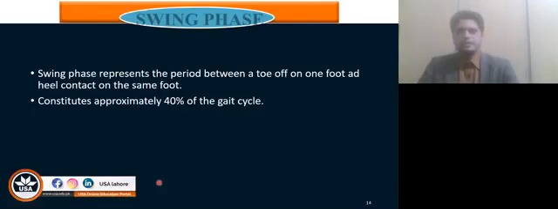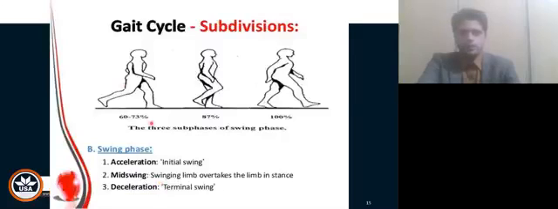Swing phase represents the period between a toe off of one foot and the heel contact of the same foot. 40% of the gait cycle. Again, here it is shown early, mid, and late swing: 60 to 73, 73 to 87, 87 to 100. Also called initial swing or acceleration phase, the mid swing phase, and the deceleration and terminal swing phase.